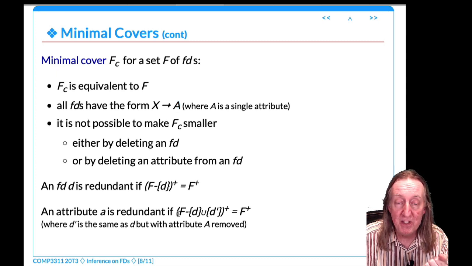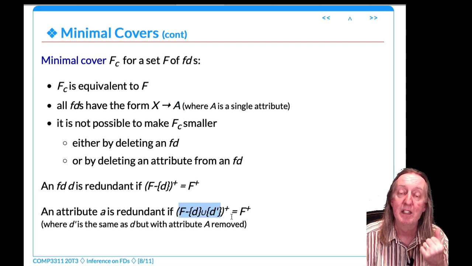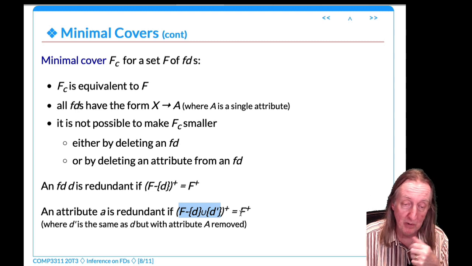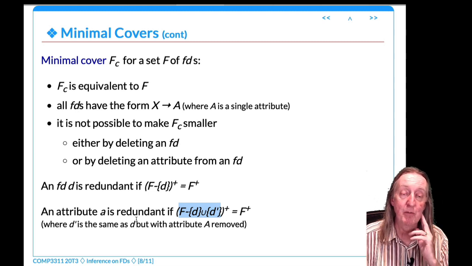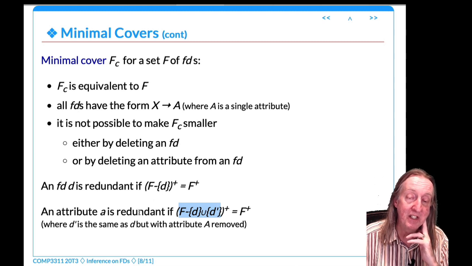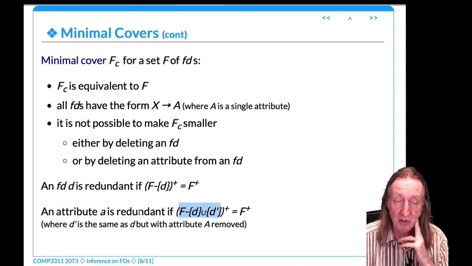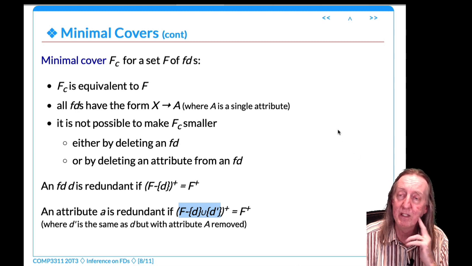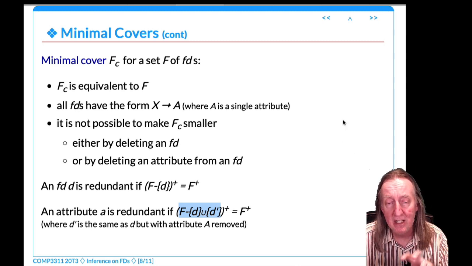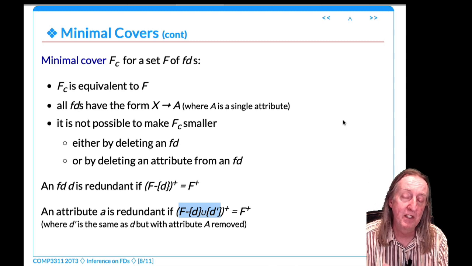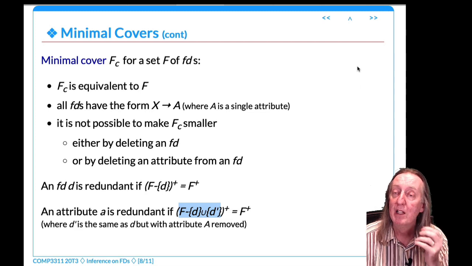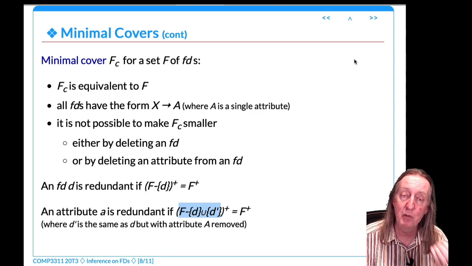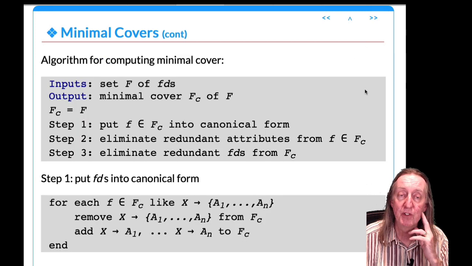And if the set that we get there is equivalent to the original set of functional dependencies, then clearly that attribute wasn't necessary in the particular functional dependency where it appeared. So we can get rid of that. So you can see what we're doing. We're making tweaks to the set of functional dependencies such that we're making them smaller each time, but still equivalent to the original set.